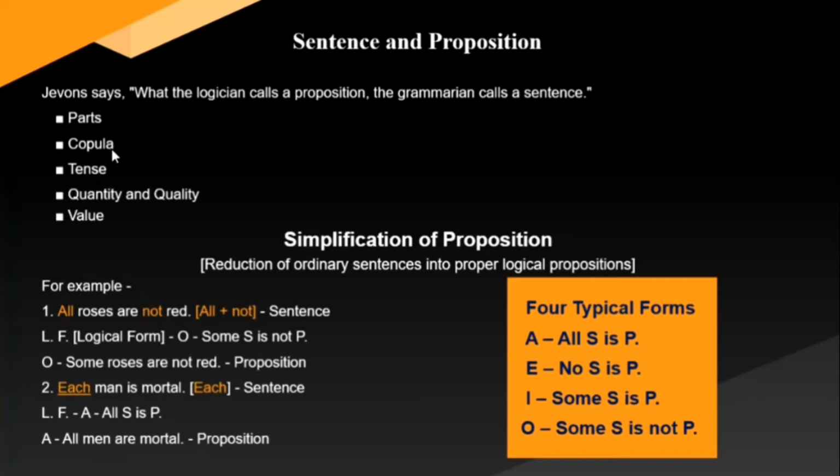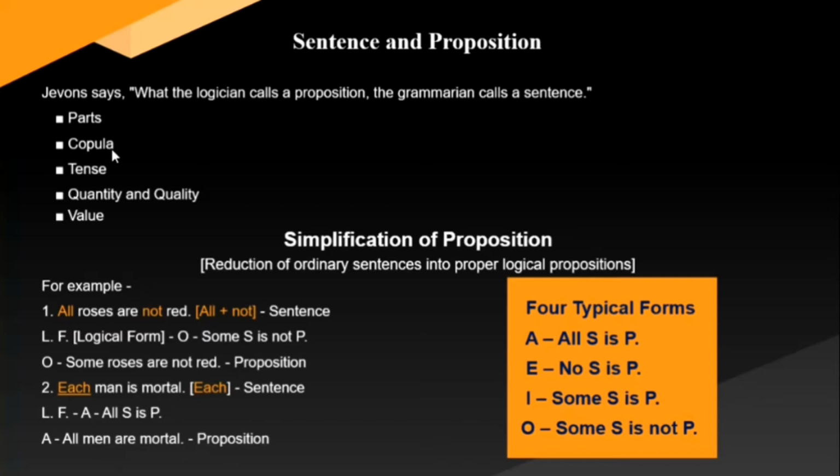That means copula establishes affirmative or negative relation between two terms of a proposition. So copula is not a term. It is a sign of affirmative or negative relation between two terms. The copula has an independent existence in a proposition. So copula is a part of a logical proposition.